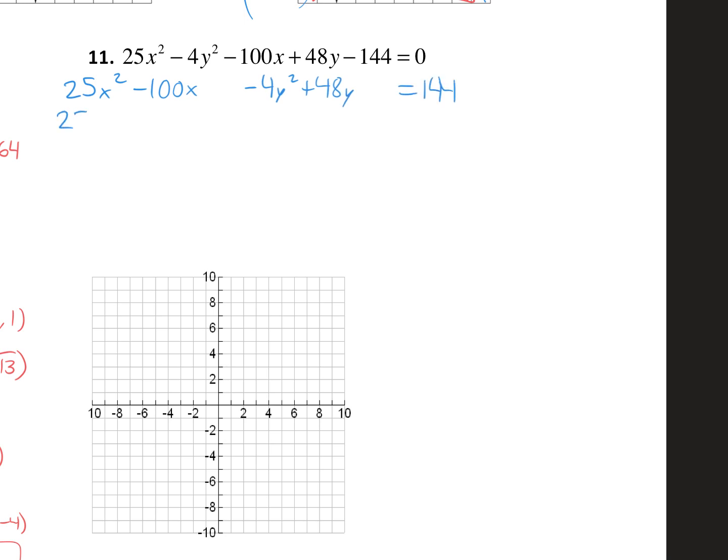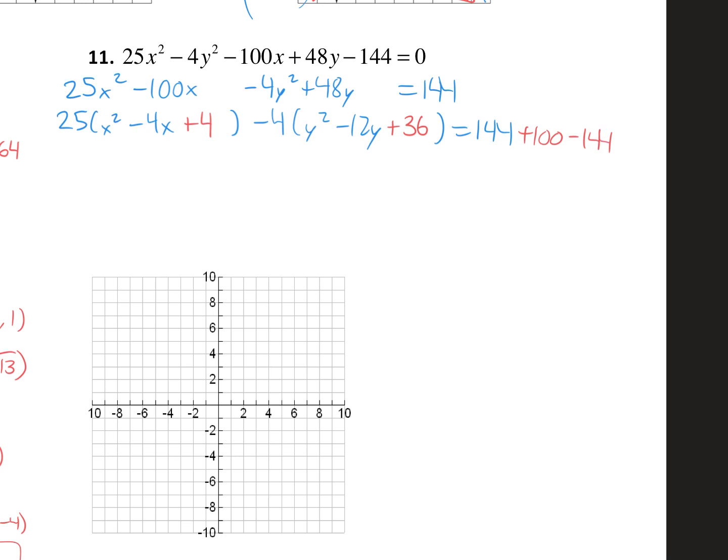Take out 25 from these two terms, x squared minus 4x minus 4, y squared minus 12y equals 144. Right, that first gap needs a 4 if we complete the square, which means I have to add 100 over here. That second gap needs a 36, which means I need to take away 144.